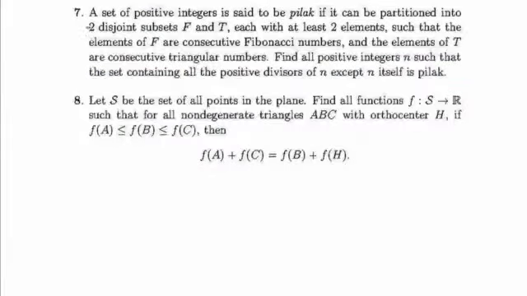Let's solve problem number 7 of PMO 2023 national level. It says a set of positive integers is said to be Pilek if it can be partitioned into two disjoint subsets F and T, each with at least 2 elements, such that the elements of F are consecutive Fibonacci numbers and the elements of T are consecutive triangular numbers.